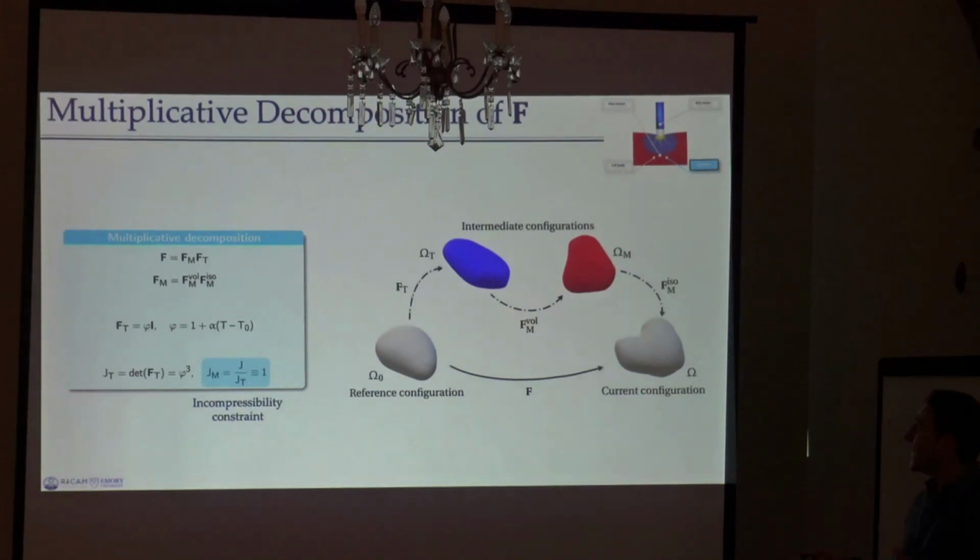In terms of kinematics, of course, we should also track the deformation induced by the additional role of temperature. And this is done in a very simple way, accounting for the multiplicative decomposition of the deformation gradient and using a very simple form of the thermal deformation map.